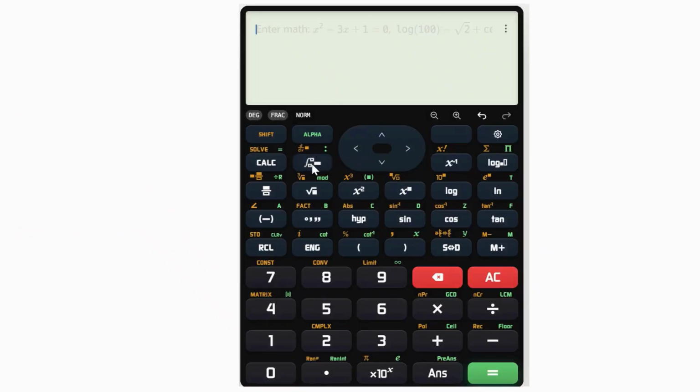So let's enter the integration. What's your lower limit? It is nothing but negative 4. And your upper limit is 3.